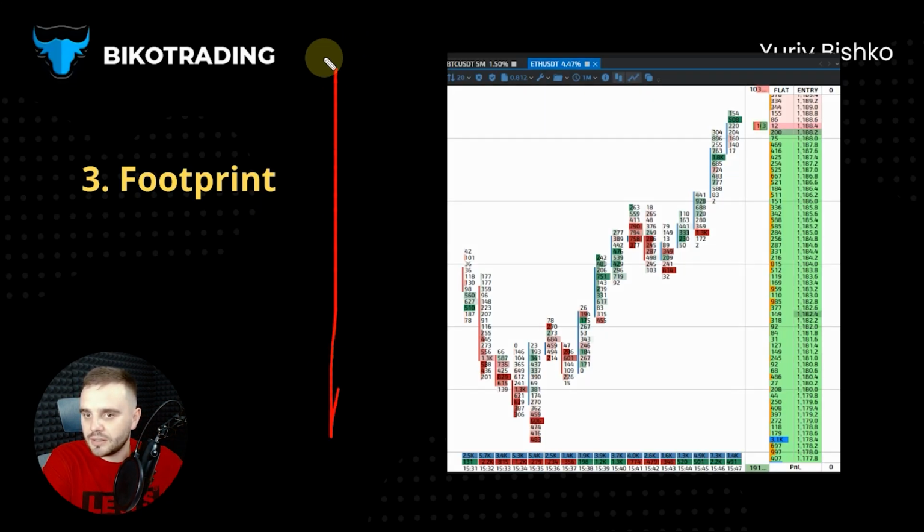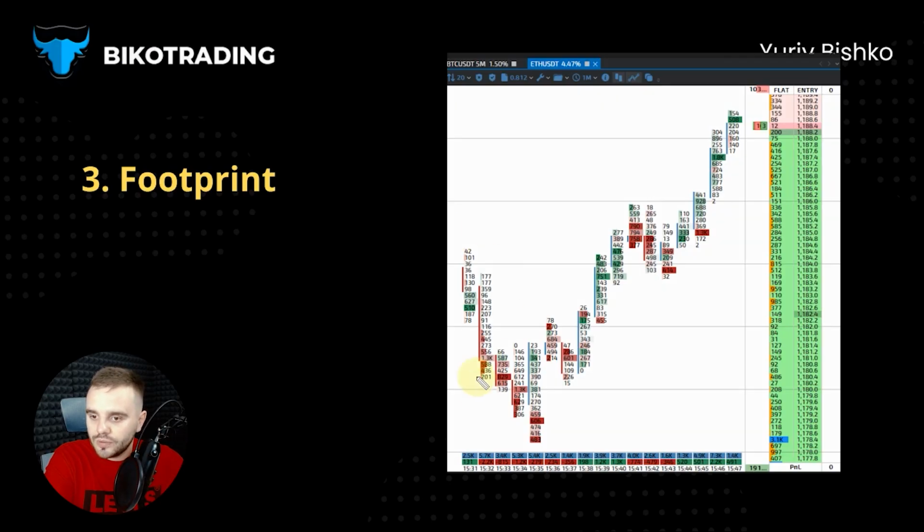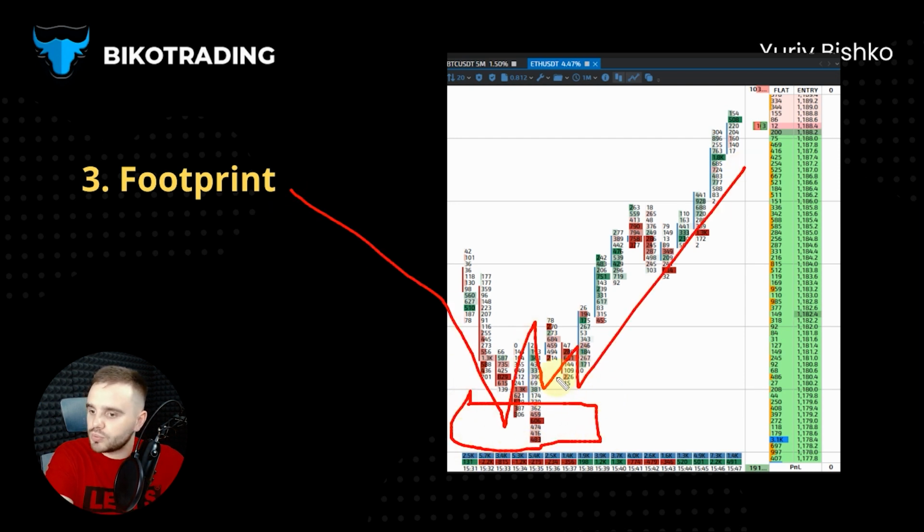Imagine that you can see a candle, but when you look at a candle, you just see something like this. But a footprint is the number that traded inside that candle, that's it, because in every candle, people made some trades. Why and how to use it? Quite often when some people bought a big number, you will see examples of how price reacts to that and bounces from it.